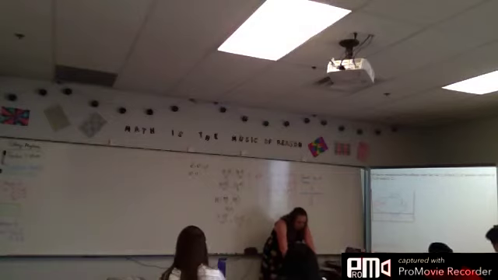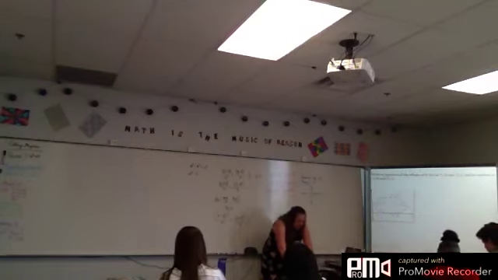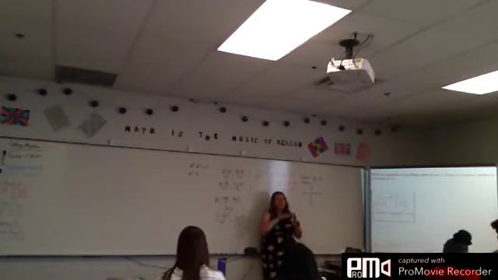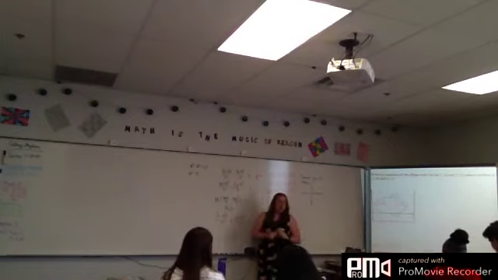B is the distance between a co-vertex and the center, and c is the distance between a focus and the center. I need to figure out the difference between the focus and the center.